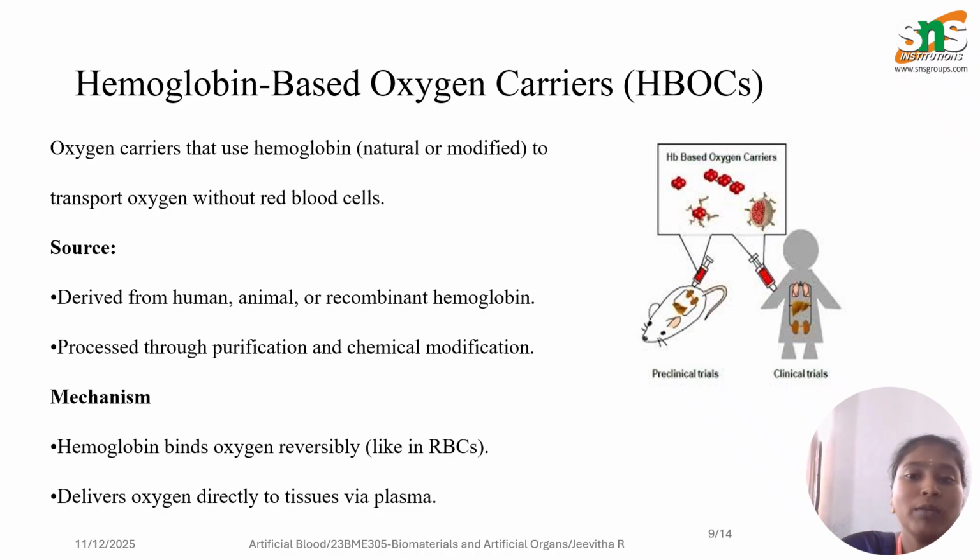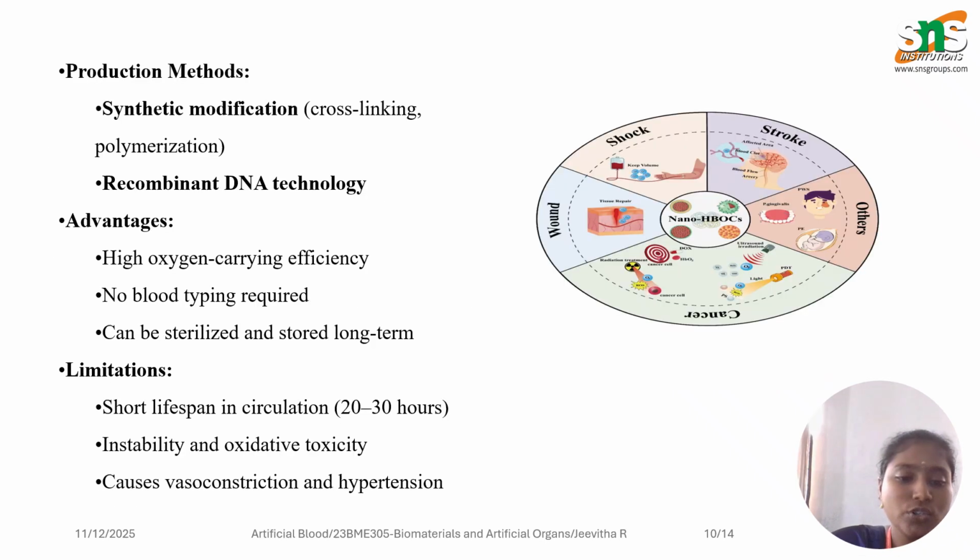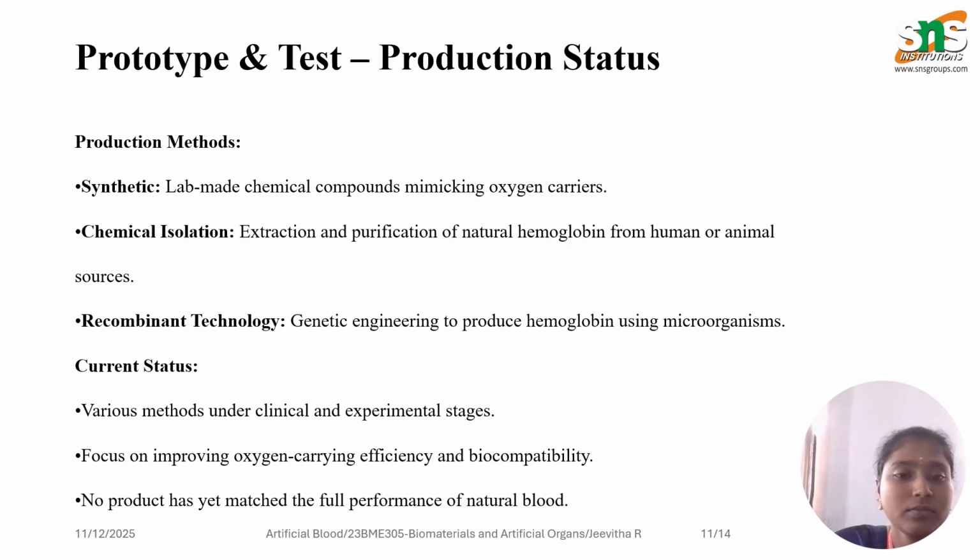There are two main production methods: chemical modification, where hemoglobin is cross-linked or polymerized, and recombinant DNA technology, where it is produced by microorganisms. The advantage is high oxygen carrying efficiency, no blood type required, and it can be sterilized and stored long term. The limitation is short lifespan in circulation, and it causes vasoconstriction and hypertension.